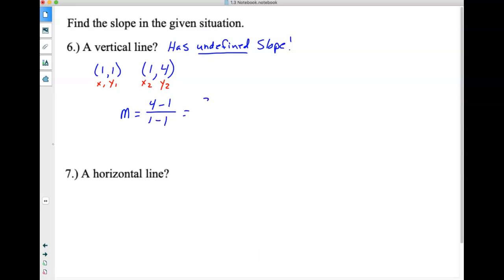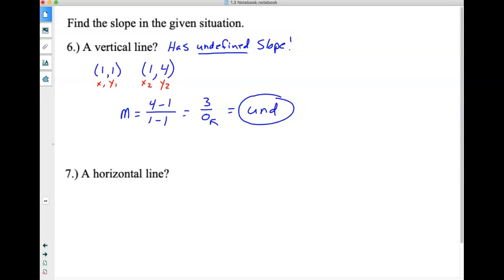So that slope would be 3 over 0. Now the thing about vertical lines, okay, I never horizontally run, so my denominator is always 0. Anytime we divide by 0, we get undefined. That's why all vertical lines have an undefined slope.